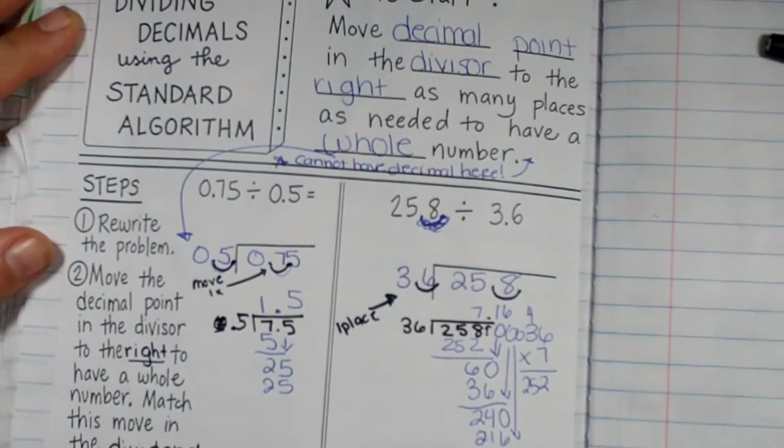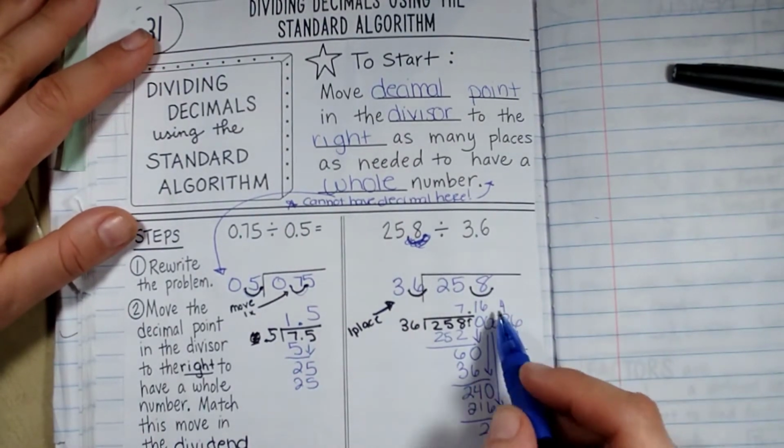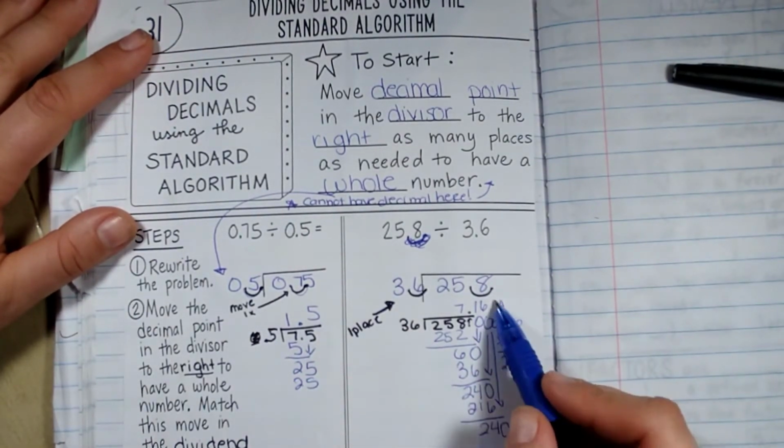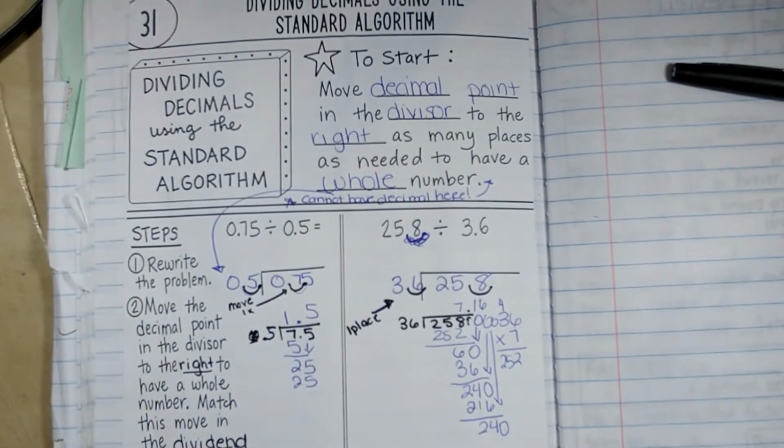Now, what happens if you get to this situation here? I'm going to keep going, and it's going to be a 6, and it's never going to end. Well, Ms. Ray, you told me I had to keep going until it didn't end, until I had no more to go. Well, sometimes numbers, when you divide decimals into decimals, you end up with numbers that repeat.